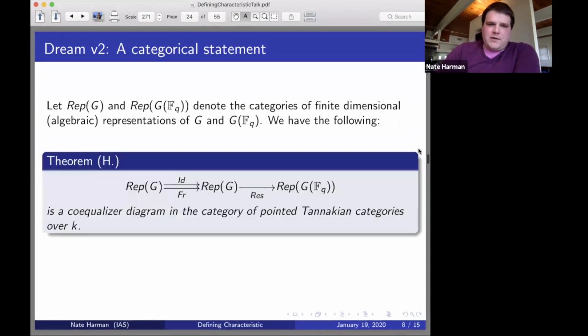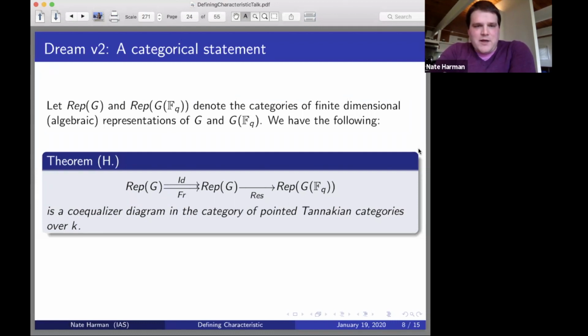We have the following: these form a co-equalizer diagram in the category of pointed Tannakian categories. I will say what that means in a second.